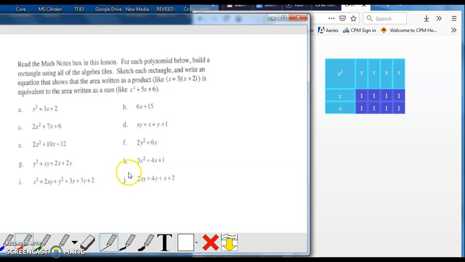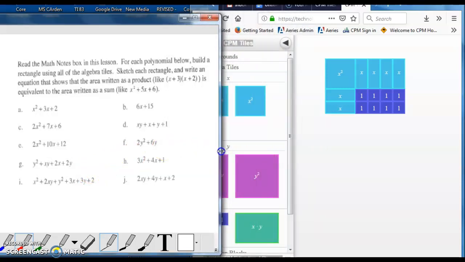Some of them are going to be a little bit easier. I'm not going to necessarily create all of these rectangles when you come back from unpausing it, but I will give you the answers of all of the lengths and the widths. So go ahead and pause the video now and try a few on your own.